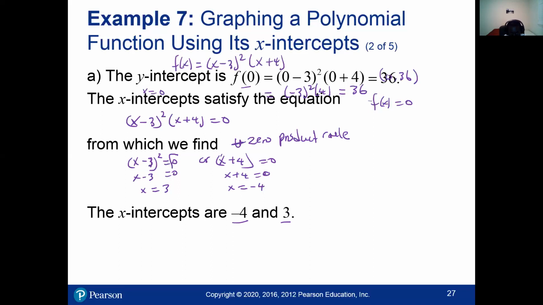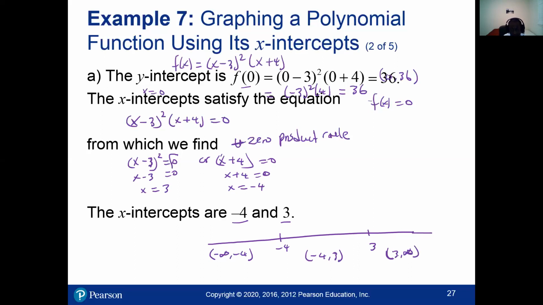Now what is happening is that on the x-axis we're going to have a line, and this is minus 4, and this is 3. Now this divides the line into 3 intervals: from negative infinity to minus 4, then minus 4 to 3, and then 3 to positive infinity.